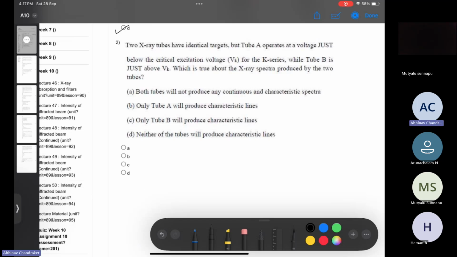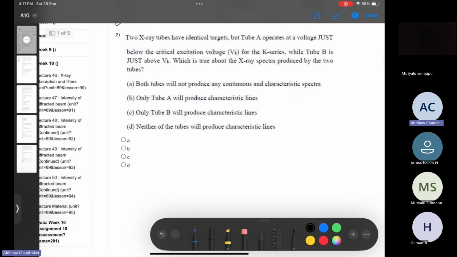Two X-ray tubes have identical targets, but tube A operates at a voltage just below the critical excitation voltage. You can take some time to read the question, and then if you have any guesses, you can let me know.